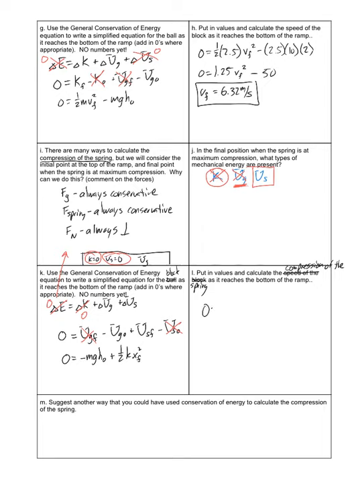So we go 0 equals, the mass again was 2.5. So we'll go negative 2.5. This is negative because of this right here, right? So it is negative. It's not because of negative potential energy. It's just because there was a change there. So that's negative. Gravity is still 10, and the height was 2 meters.